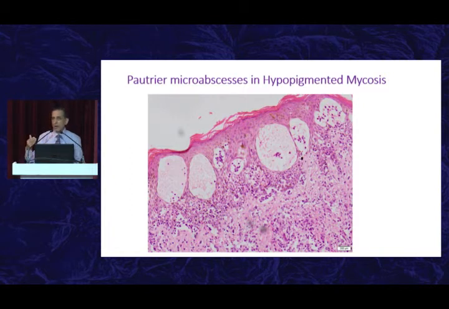Okay? So, the hypopigmented type, if you are not careful, might be easily missed. And because of our clinical suspicion, we go into this in depth and look at it, but otherwise it's quite easy to miss it.